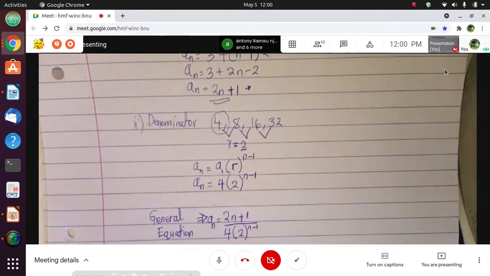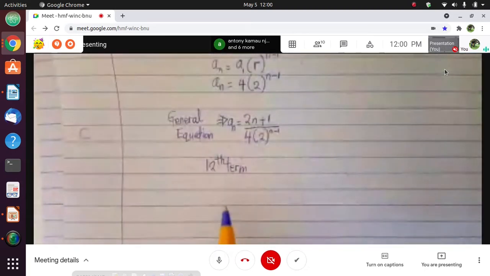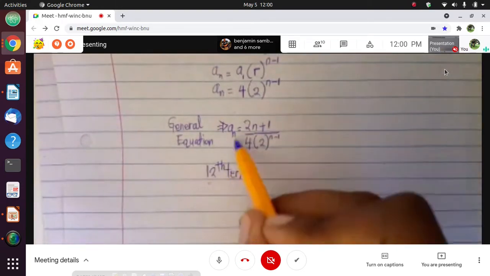Now, the question is asking us to find the 12th term. What is the 12th term? We will plug in 12 for n.